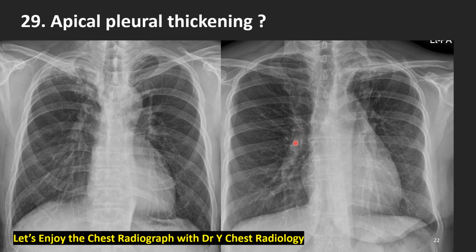Right hilum is normal. Right upper lobe is looking good, but the left apex is not looking good. Thickened pleura with fibrosis, peribronchial fibrosis, traction bronchiectasis. The right side is also similar to the other side. Right hilum is elevated, right apex is deformed and collapsed with pleural thickening.